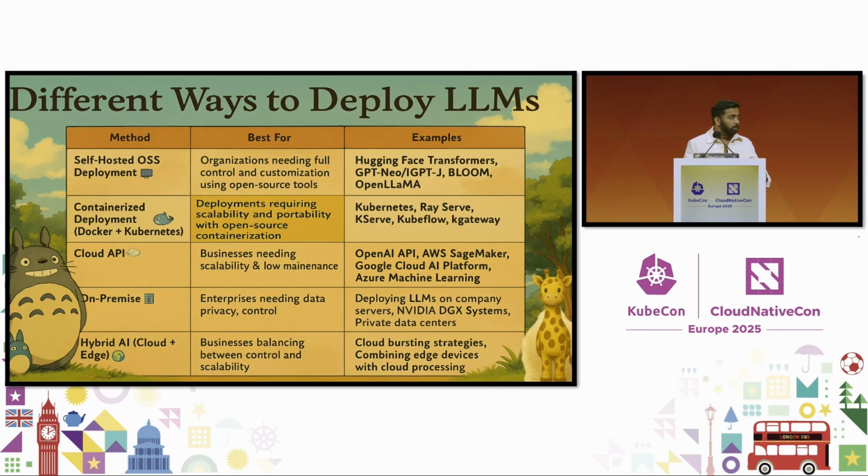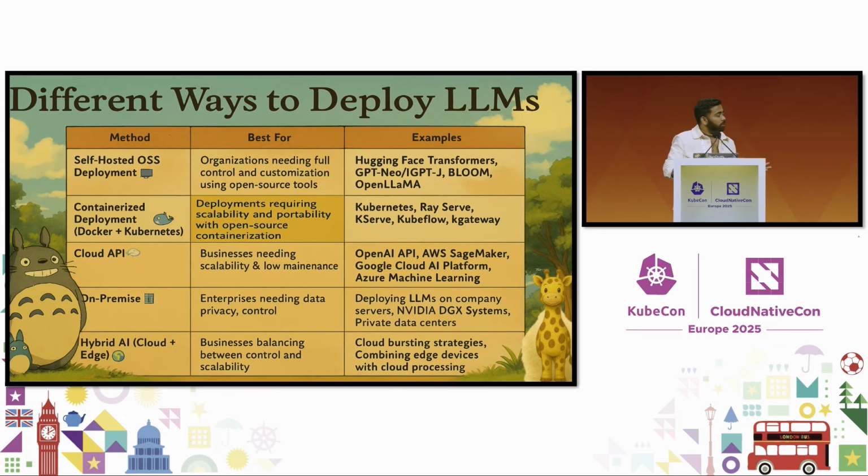Similarly, everyone's favorite here, containerization with Kubernetes. There is KubeRay, Ray Serve, KServe, Kubeflow, kgateway. These are some things which people use for auto-scaling and isolated environments, but it is operationally really complex.